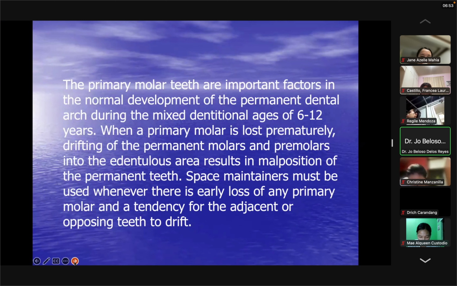The primary first molar, or for example, ang nawala ay primary second molar. The first primary molar would drift on the space, and the coming first permanent molar would drift on that edentulous area.